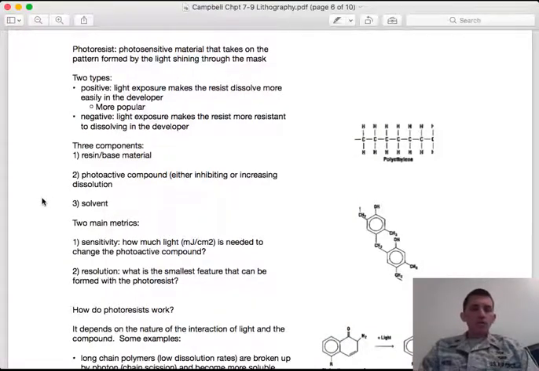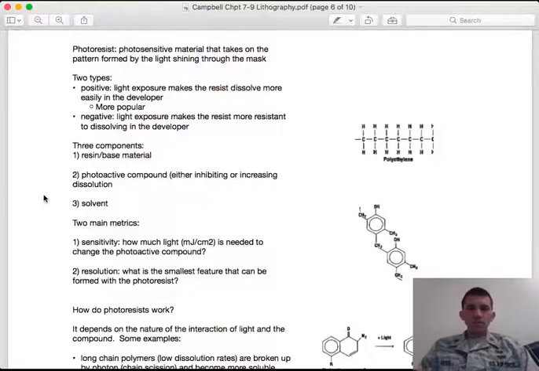But jumping back to photoresist, we're talking about photoresist of traditional UV systems. So what is photoresist? The photo is in regards to its photoactive nature, meaning that it contains chemicals that are sensitive to the UV light, and so that UV light produces a chemical change in the photoresist material itself.